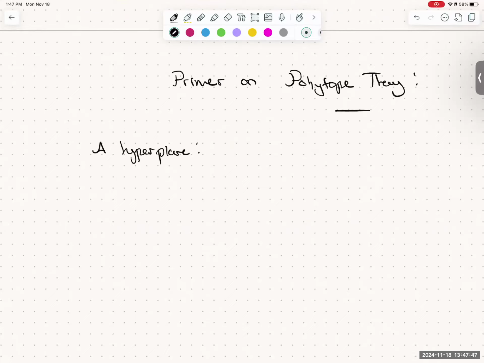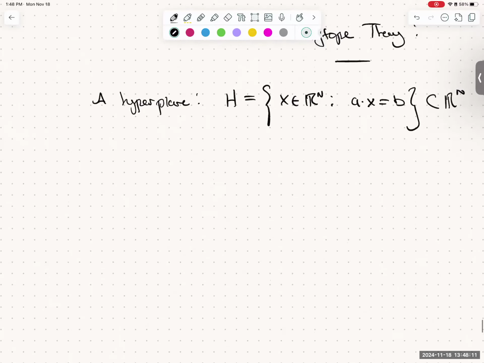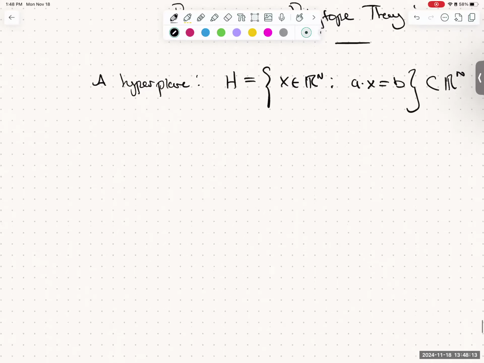So when we talk about a hyperplane, I will say it's some H equals, so it's all the points in R^n such that a dot x equals b. And so this is an affine subspace of dimension n minus 1.